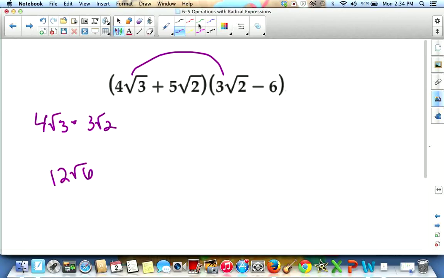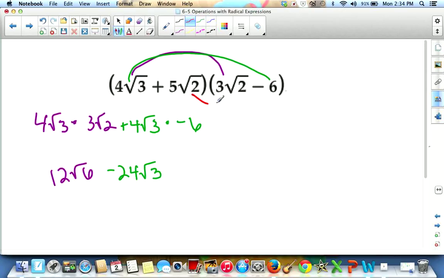That's our first term. Now we're going to go to our outer. It would be 4 square roots of 3. That's a positive 4. Times a negative 6. So 4 times a negative 6 is a negative 24. So we have a negative 24 square roots of 3.